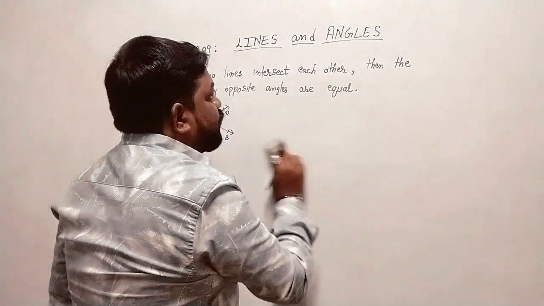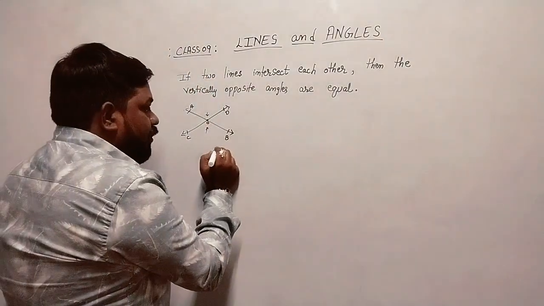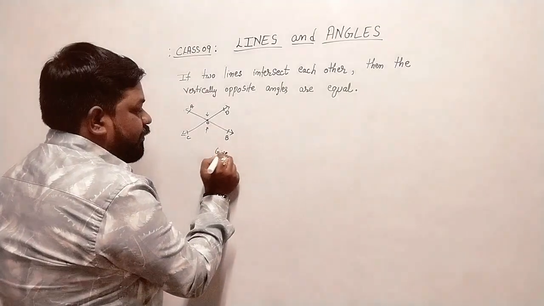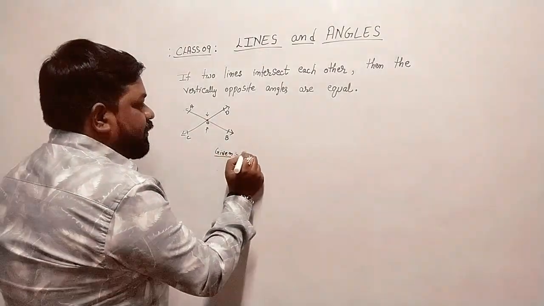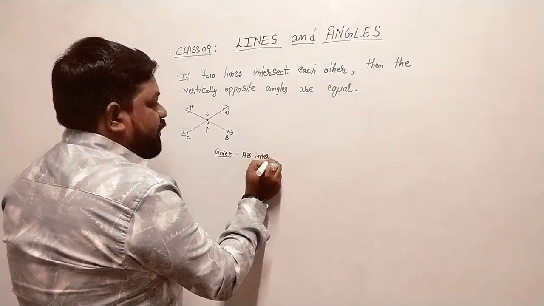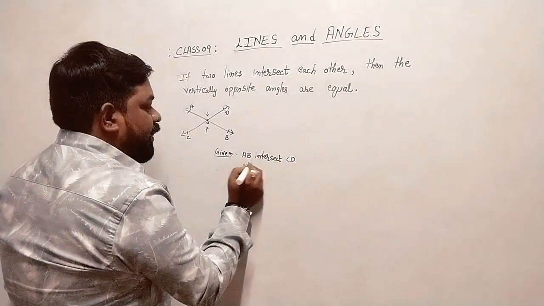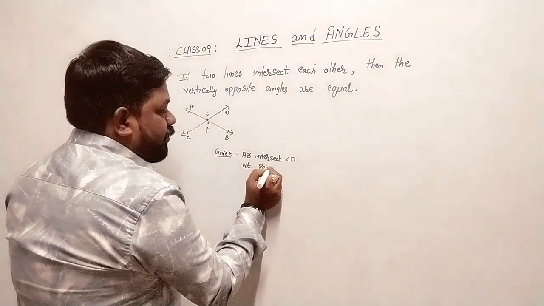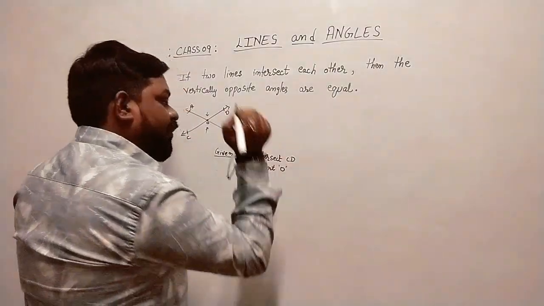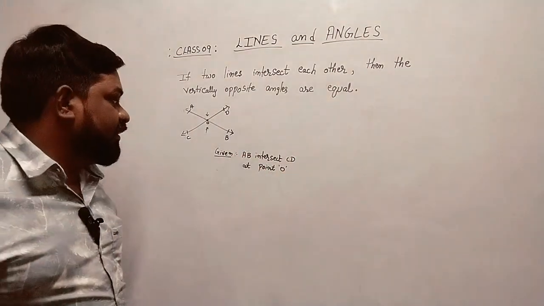Now come, let's prove the theorem. So here what is given? The given data is AB is intersecting CD at point O. At point O, these two lines are intersecting.